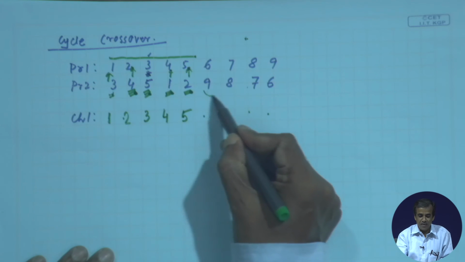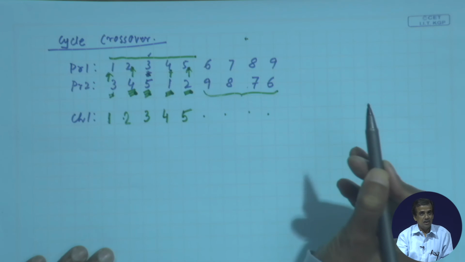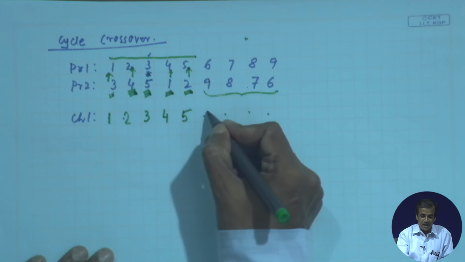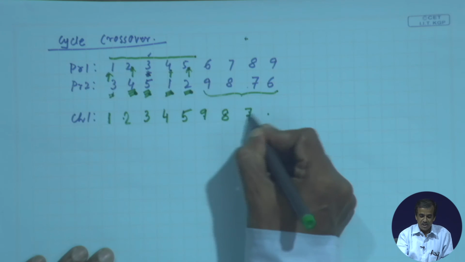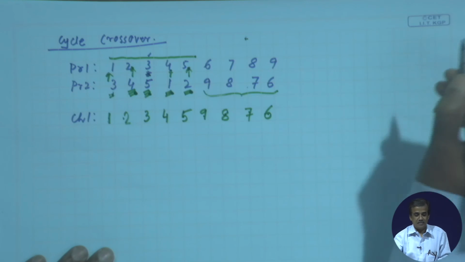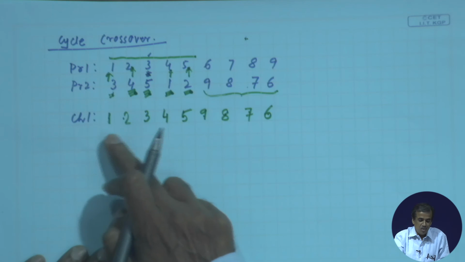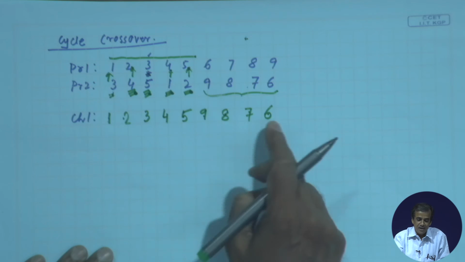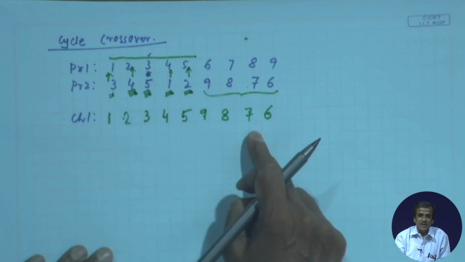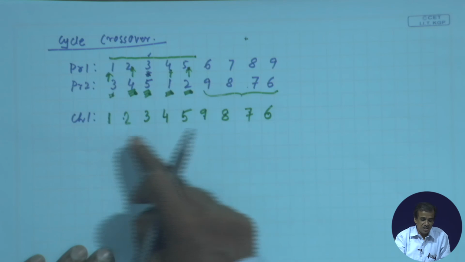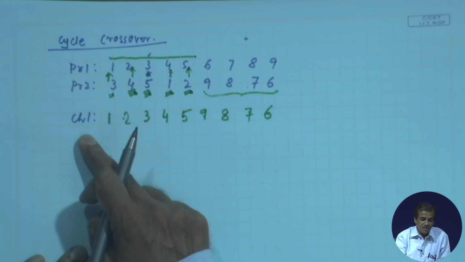So, if you take from parent 2, this will become 9, 8, 7, 6. Now, you check 1, 2, 3, 4, 5, 6, 7, 8, 9. All the cities we have selected and there is no repetition, isn't it? So, this is one feasible child solution. Am I clear to all of you?